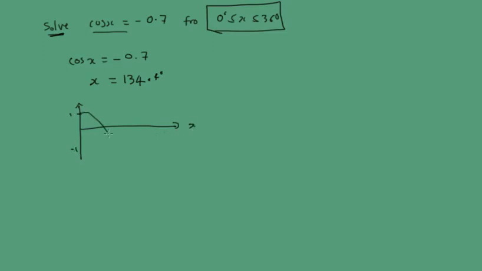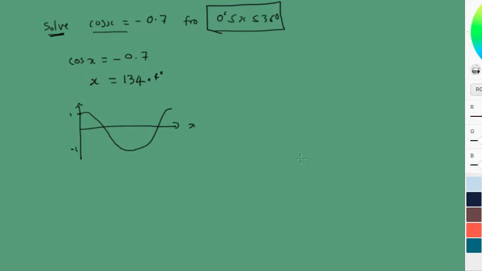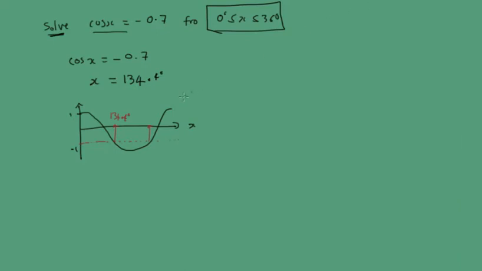It's minus 0.7, so round about here. So again we have these two values of x, so this must be 134.4 degrees, and we need to find this other value.